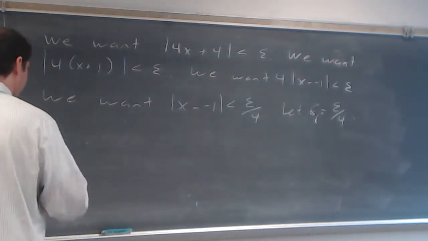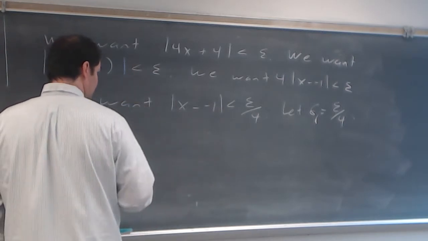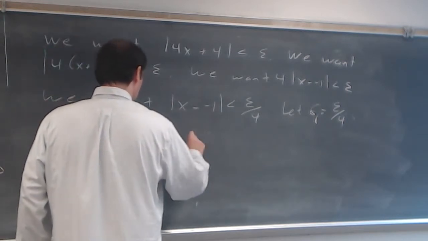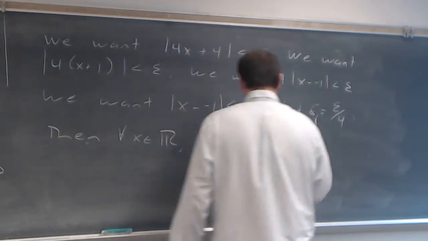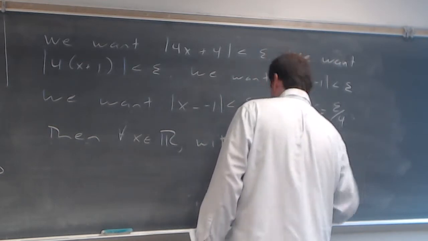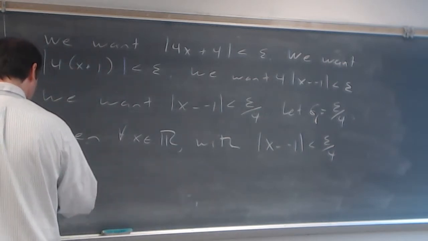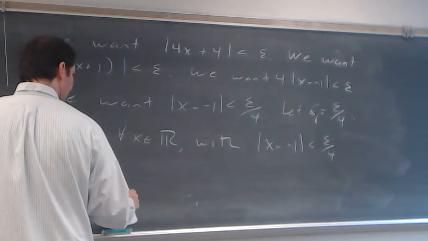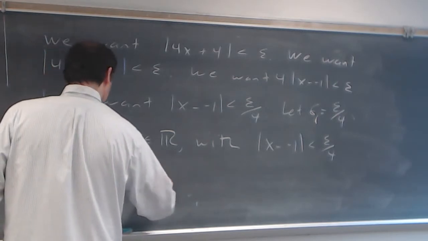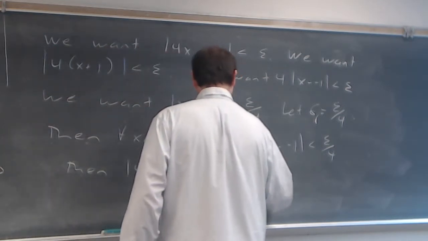And then I'll just make a concluding statement. You work backwards, but for me, this is a good enough, sufficient proof. Then for all x in R with the absolute value of x minus minus 1 being less than epsilon over 4, if you work backwards, we would get the absolute value of 4x plus 2 minus minus 2 would be less than epsilon.